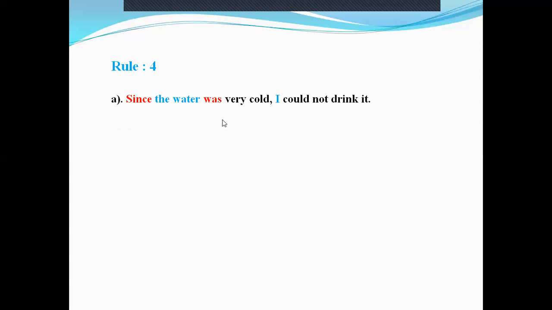If you find such a structure, you will just omit since first and write the subject of the subordinate clause, the water, then use ing with the be verb. So the be verb was becomes being. So the answer will be the water being very cold, I could not drink it.